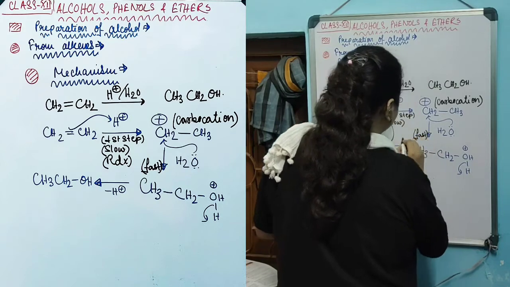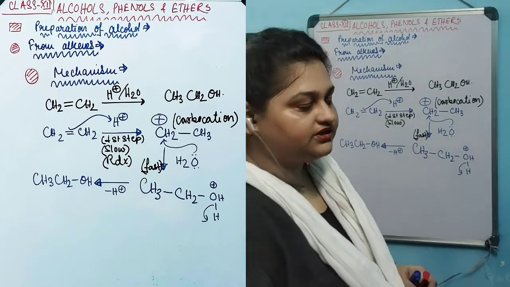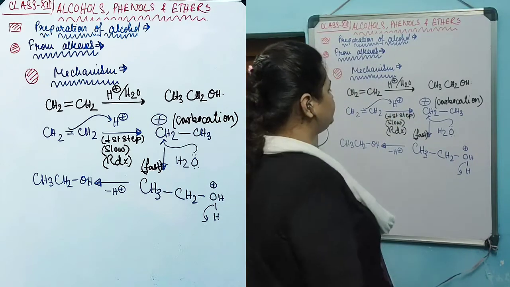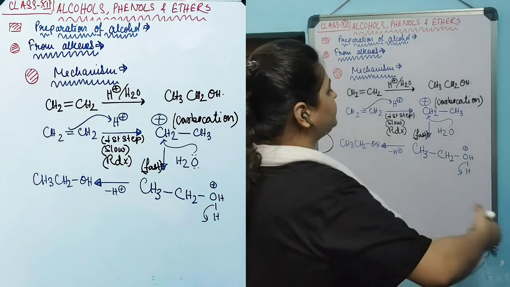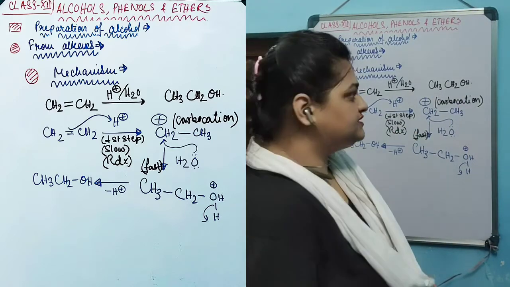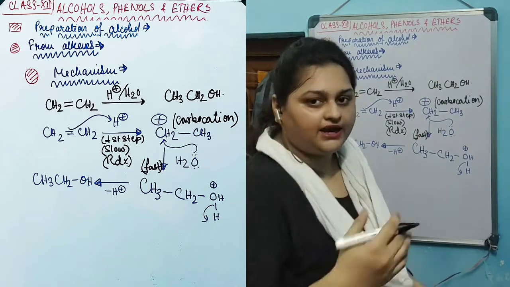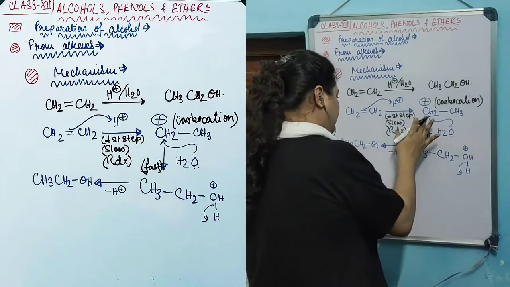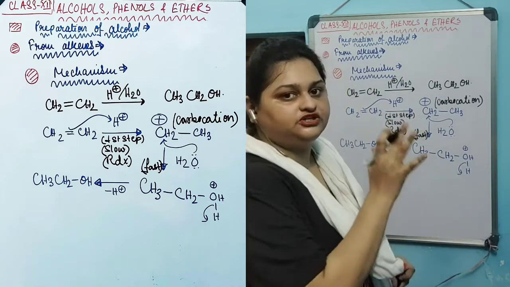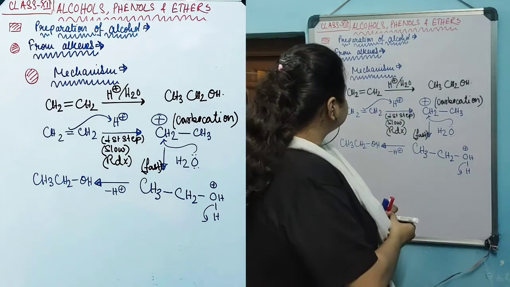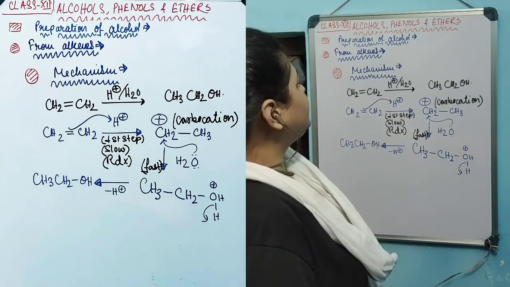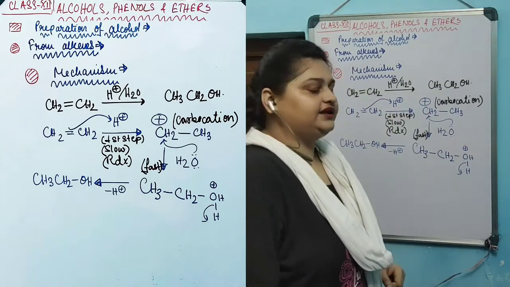And as we know that the slow step determines the rate of the reaction, that's why this is also the rate determining step, or RDS, of the reaction. That is the first step. The carbocation formation step is the rate determining step. The entire reaction of formation of alcohol in this type of mechanism is governed by only the first step, that is the carbocation formation step. This is the mechanism of the acid catalyzed hydrolysis of ethylene to produce ethyl alcohol.